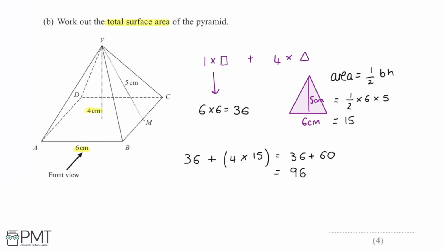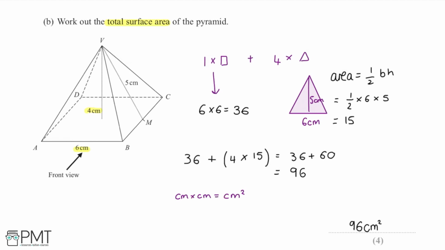And here we're working with centimetres, so I've done 6 times 6 centimetres multiplied by centimetres, which is effectively what I've done. Is going to give me the unit of centimetres squared, which is the unit for area in this case. So to give my final answer and gain all 4 of the marks, I'm going to write 96 centimetres squared.